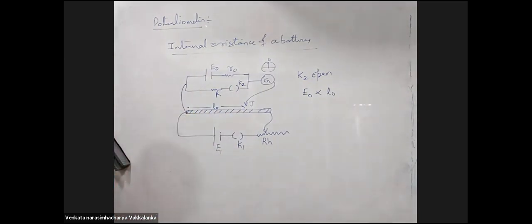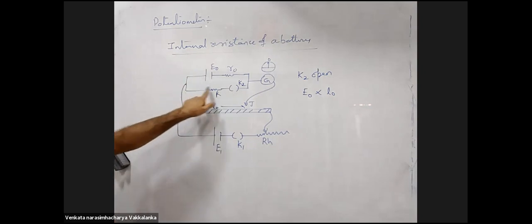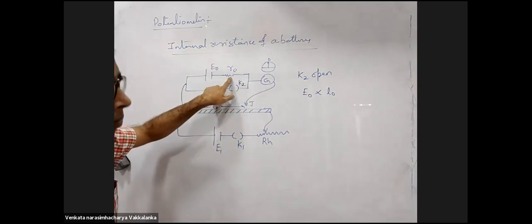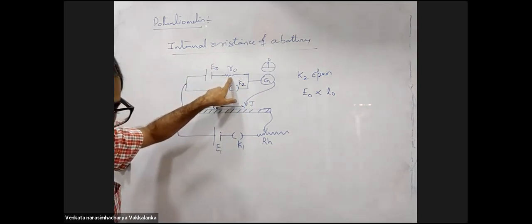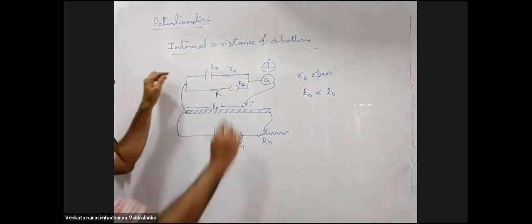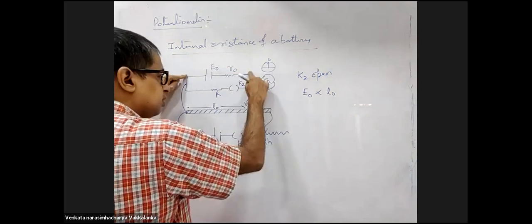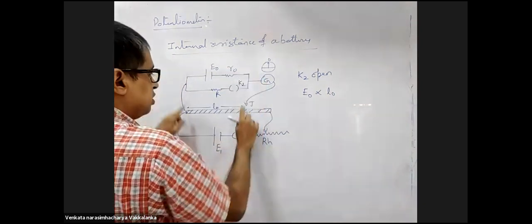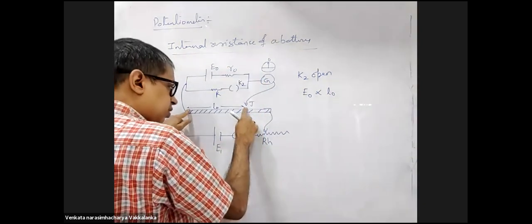I'm getting confused. Why is it E0 and not V0, considering there is internal resistance? There is no current in this. How much is the potential drop across R0? Zero. So the potential difference across this is E0. Yes, sir. That potential difference is equal to the potential difference across this.